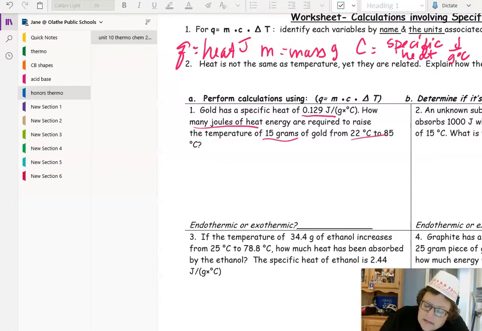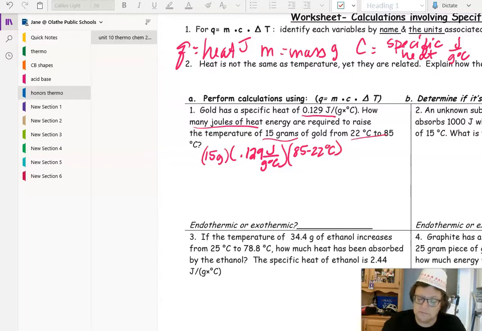So mass is 15 grams. Specific heat is 0.129 joules over grams degrees Celsius. And our temperature change is 85 minus 22.